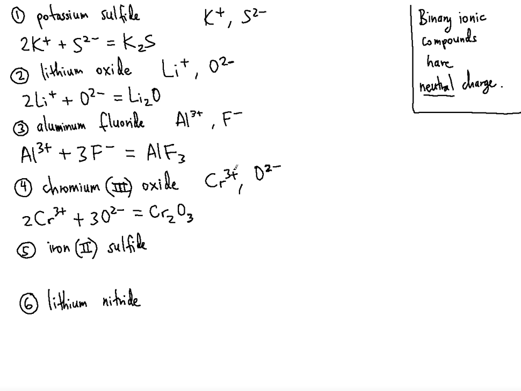3 is the particular charge applied when you first start analyzing the chromium ion. The next example, iron 2 sulfide. So the iron, we know that it's Fe, and we know that there are two types of ions. It has a 2 plus and a 3 plus. In this case it's 2 plus because the Roman numeral is 2. And then the sulfur, as we know, is 2 minus.